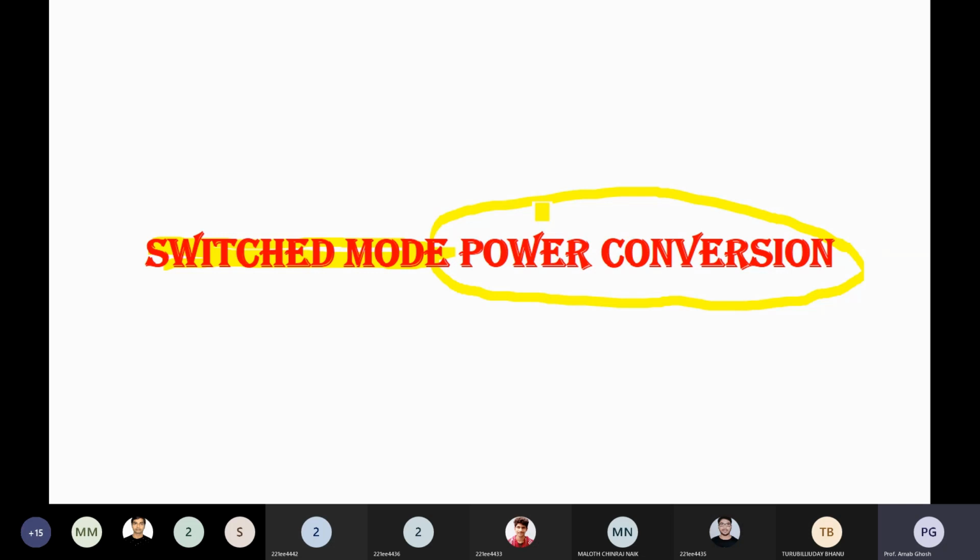Power equals voltage times current, so power is zero in the switch-on condition. In the switch-off condition, the power is again zero. Switch off means the maximum voltage, the total voltage, appears across the switch with zero current. Basically it's an open circuit, so current is zero, and power, V into I, is again zero.